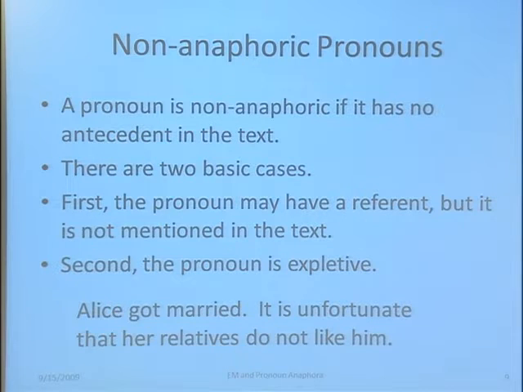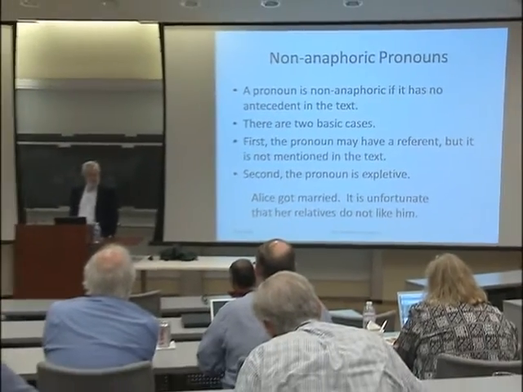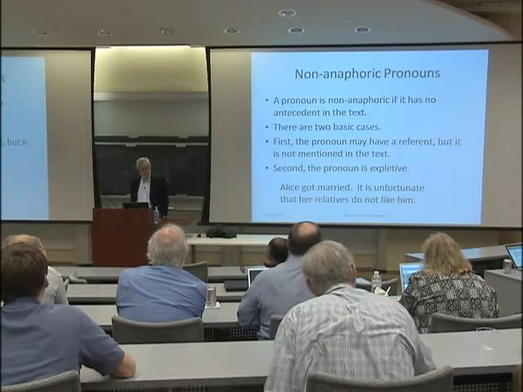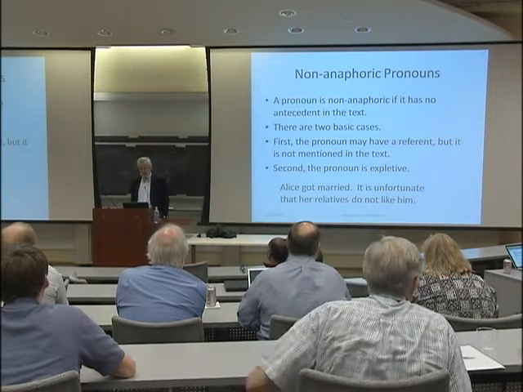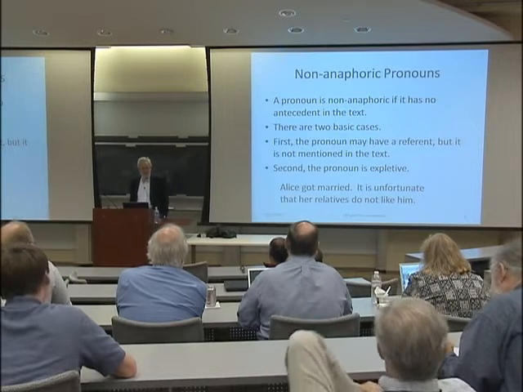The it in "it is unfortunate": there's nothing in the world. It's just required by the syntax. I could argue that "her relatives do not like him" is the referent of it. No, it's that "her relatives do not like him" is, if anything, co-referent with it.